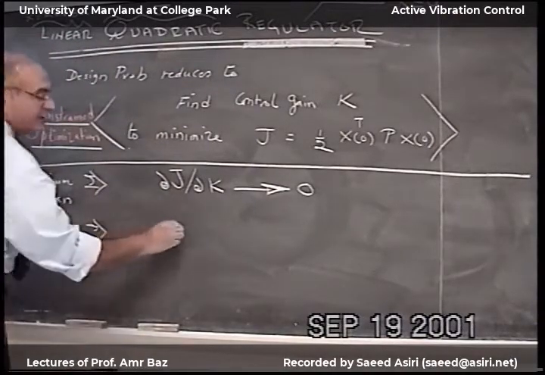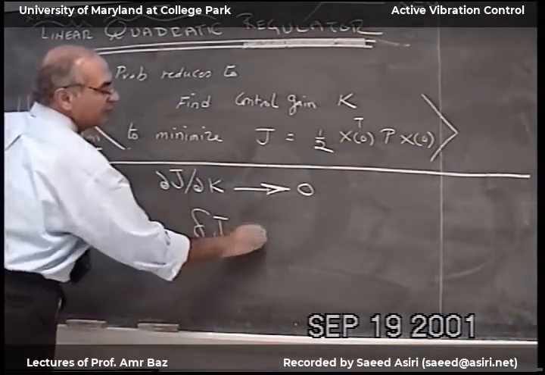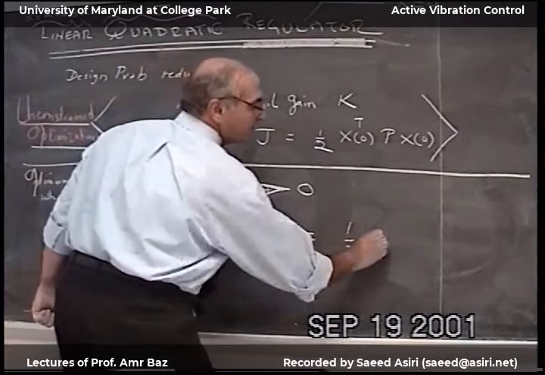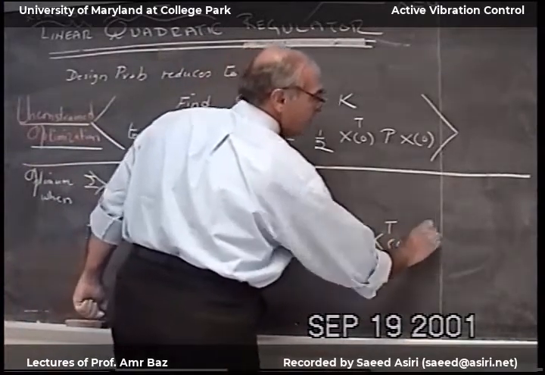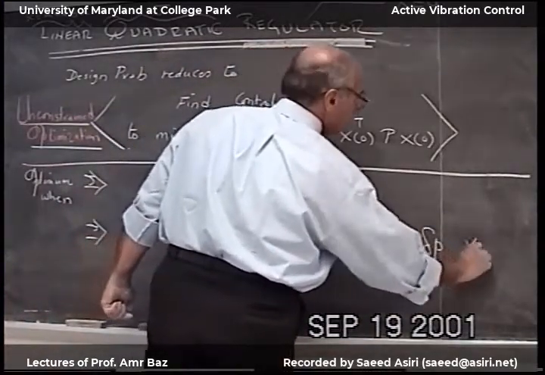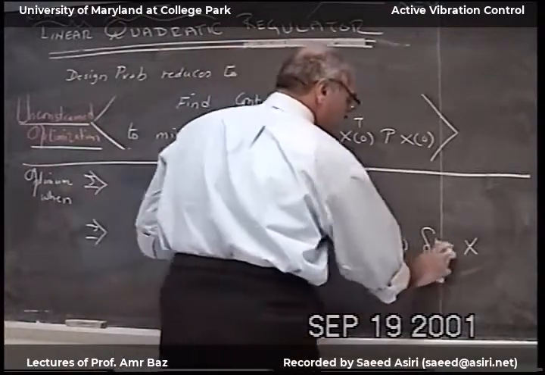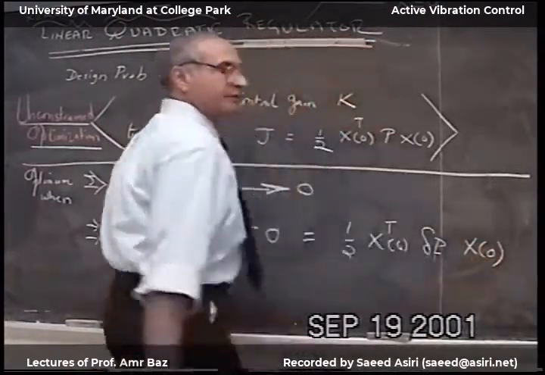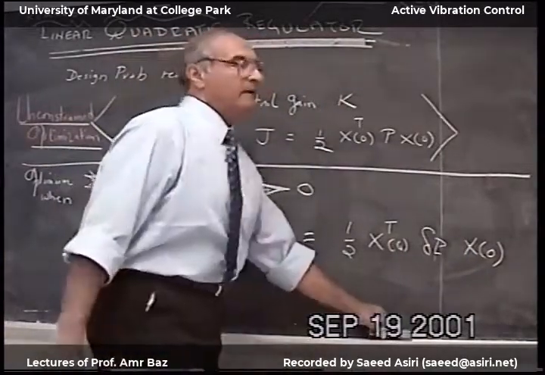I want to get the variation of J equal to 0, which is equivalent to 1/2 x transpose 0, the variation of P, capital P, is equal to 0. Okay?